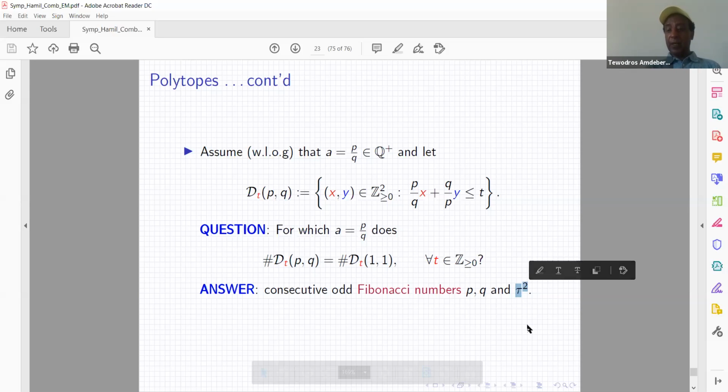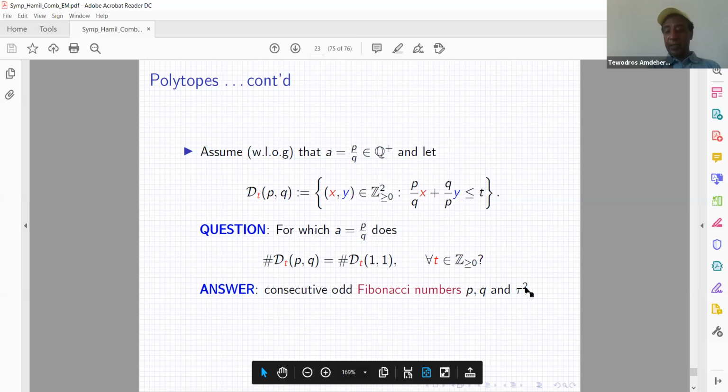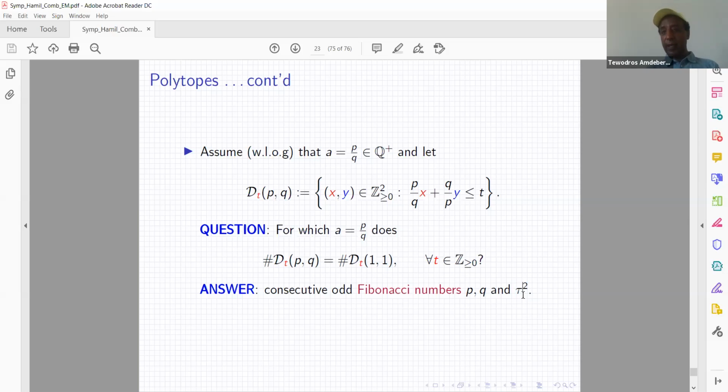Another extra quantity that we get out of this is something called tau squared. The number 1 and tau squared in the ratio, where tau is the golden ratio.